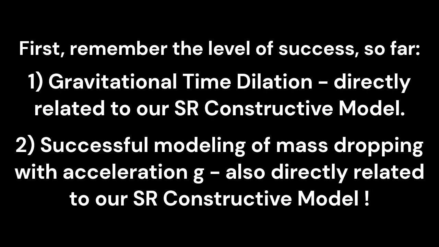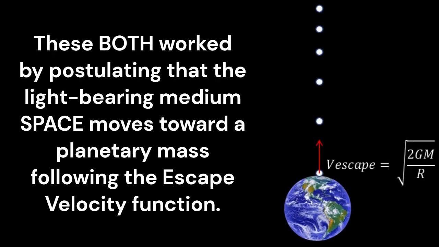So it's going good. We just got to work on this flow problem. Remember, both of these successful models of gravity worked by postulating that the light-bearing medium of space moves towards a planetary mass following the escape velocity function for that planet.